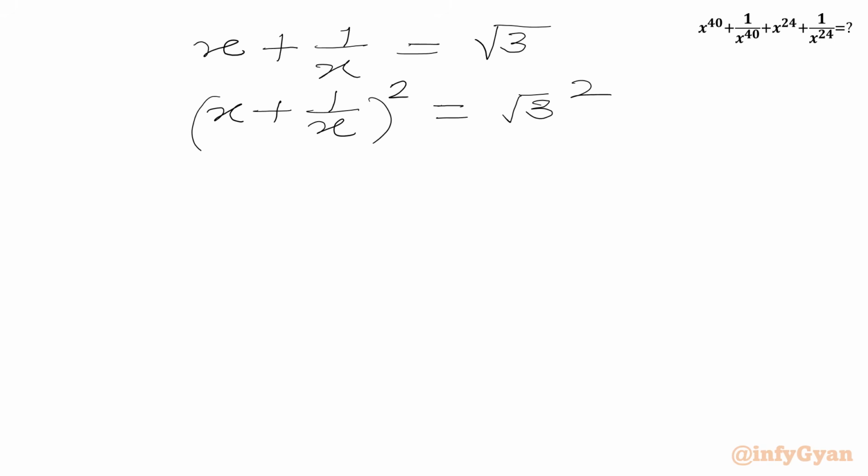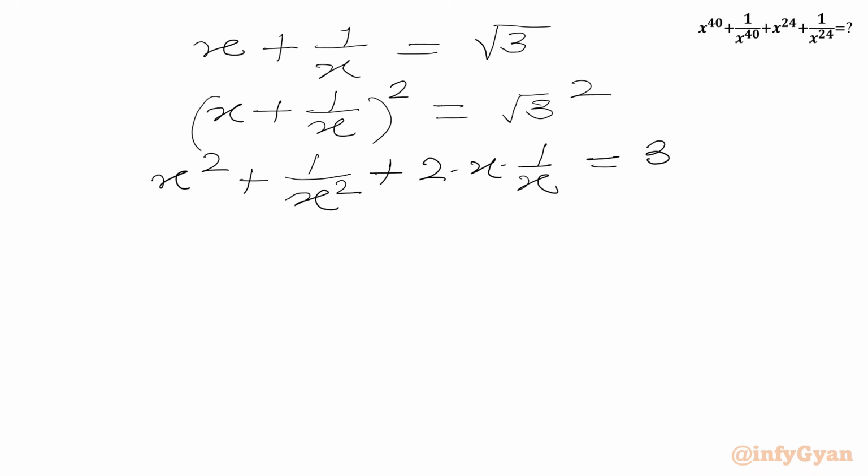Now we will use the a plus b whole square identity and we can write x square plus 1 over x square, then plus 2 times x times 1 over x equal to 3. Now x and denominator x will cancel. We will get x square plus 1 over x square plus 2 equal to 3.